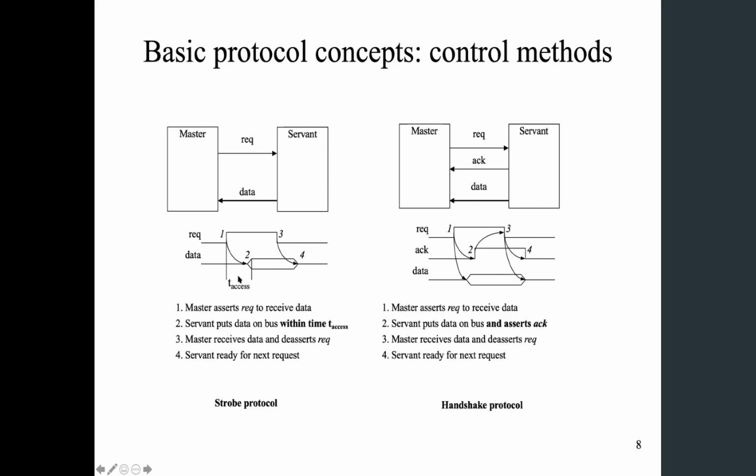The T access time, as we see in the earlier Strobe protocol, is agreed upon on both sides. But if there's no such T access time, this could be a variable. This could be long, could be short. That means the servant could take longer to put valid data on the bus, or take shorter time.